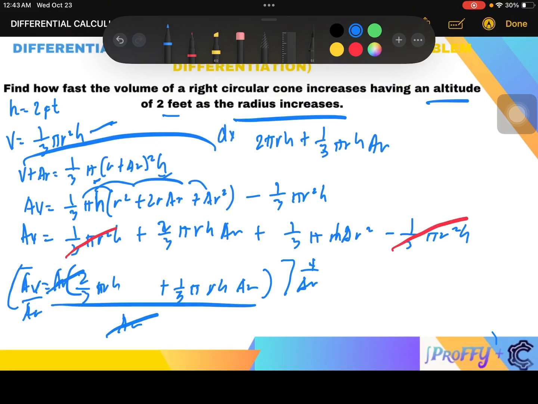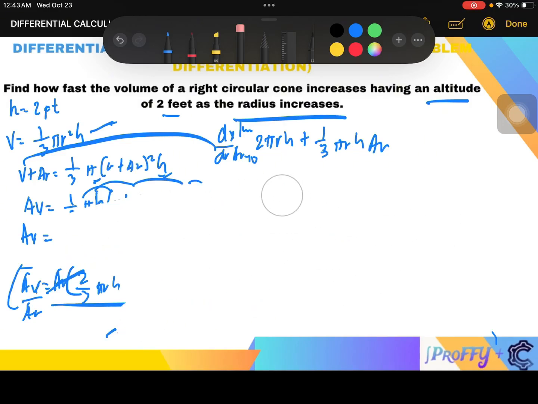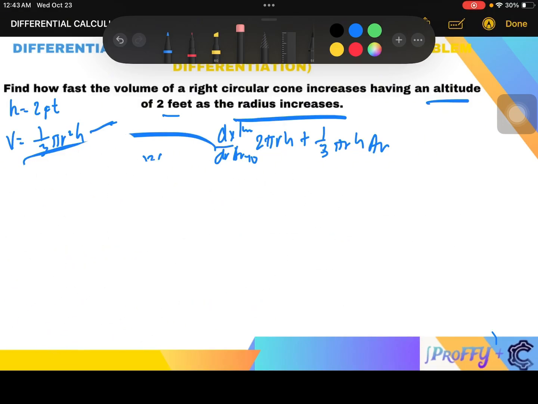Gets? So, the dv over the delta r as the limit of delta r approaches to 0. So, burahin na natin to, guys, ha. So, next nyan is what? 2 over 3 of pi rh plus 1 over 3 of pi rh of 0.